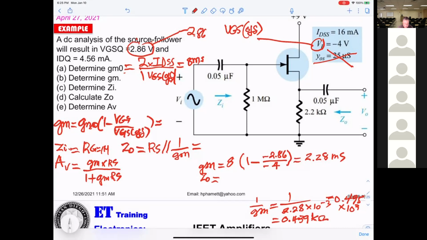Okay. And RS will be parallel with this one.